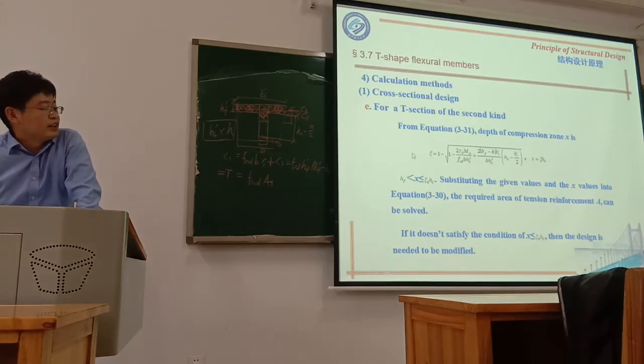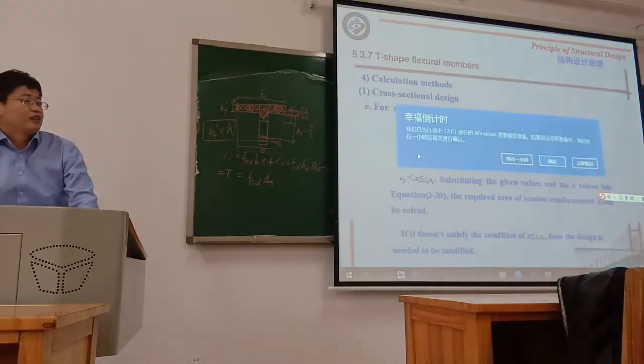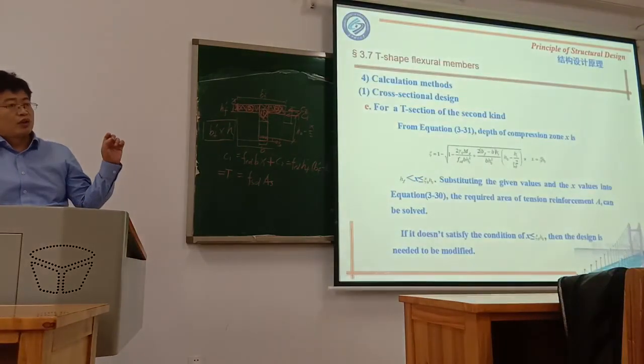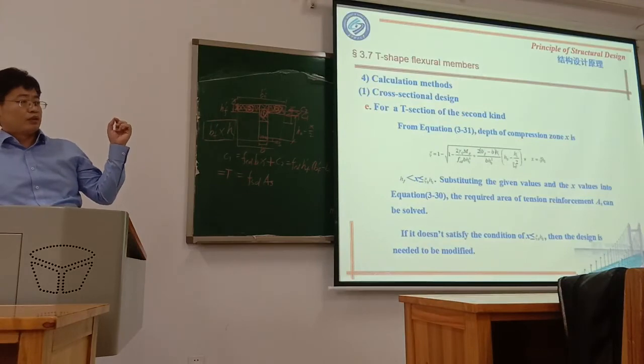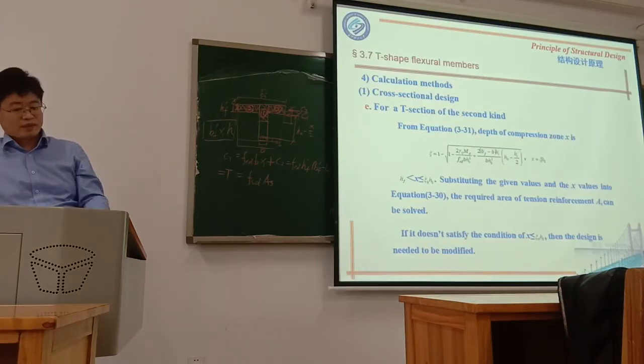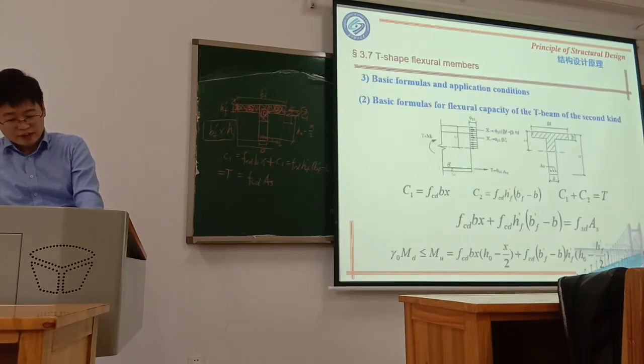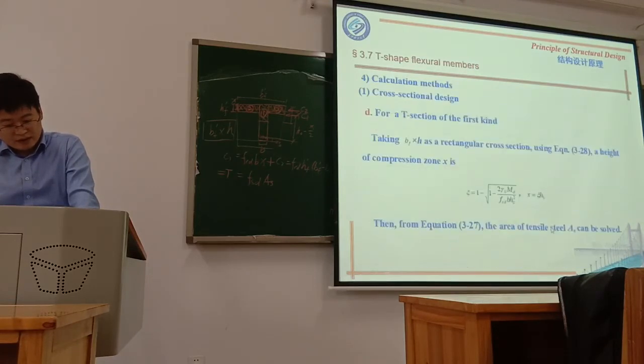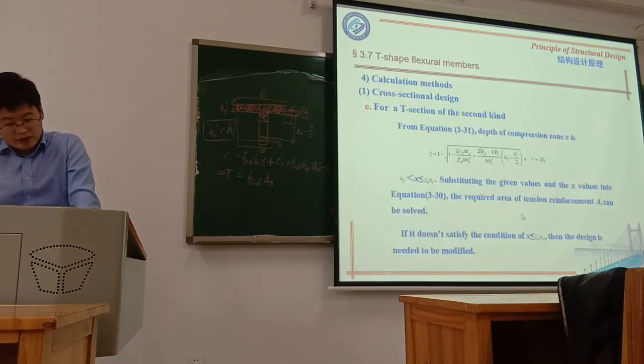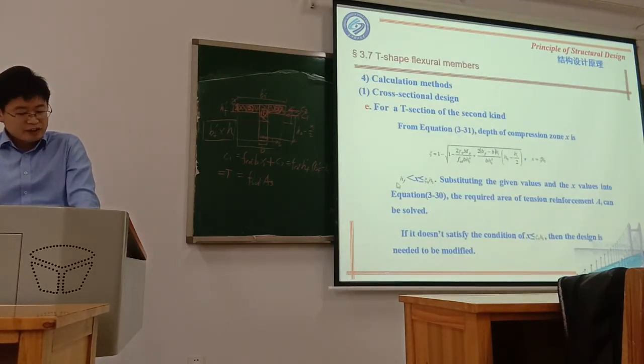This c is the result of the quadratic solution, because it's from this formula. So anyway, we have to calculate x, and once you got x, compare it with this.